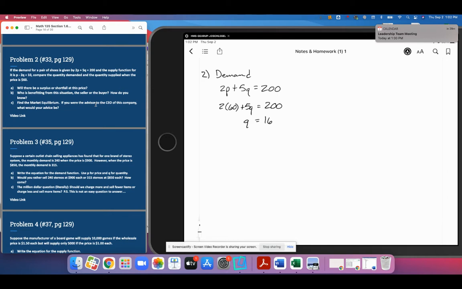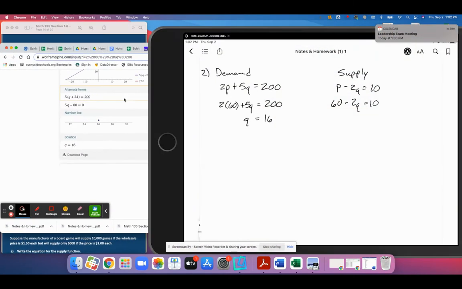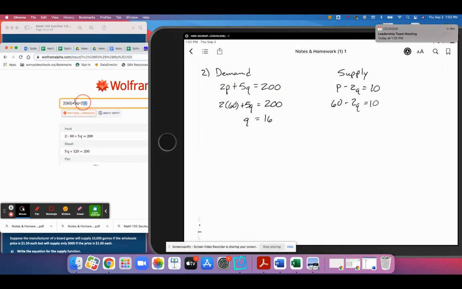Now let's look at supply. For the supply function, we have P minus 2Q equals 10. And again, in this case, our price is going to be 60, so we'll substitute 60 in for P. And we will let Wolfram have it. See what we come up with.